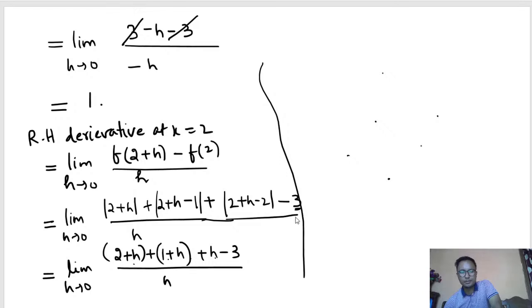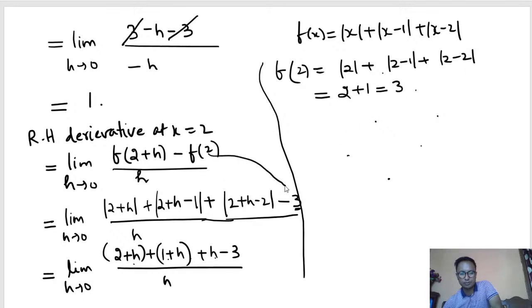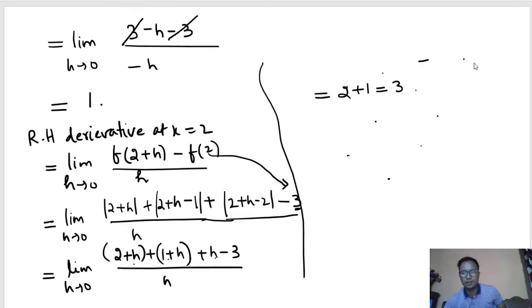See, according to the function, modulus of x minus 1 times modulus of x minus 2, f of 2 is modulus of 2 minus 1 times modulus of 2 minus 2, which is 1 times 0, so it is 0. So the value of f of 2 is not 3. Do you understand?